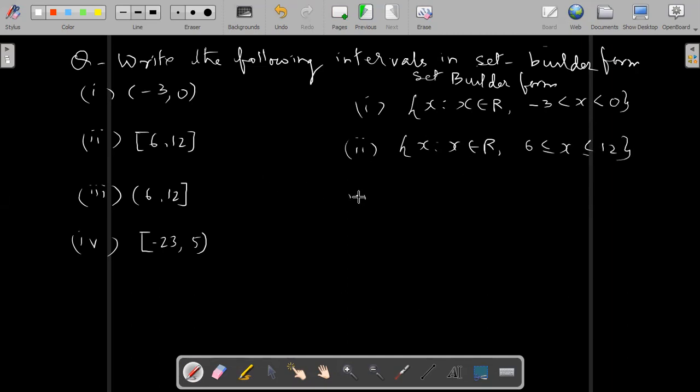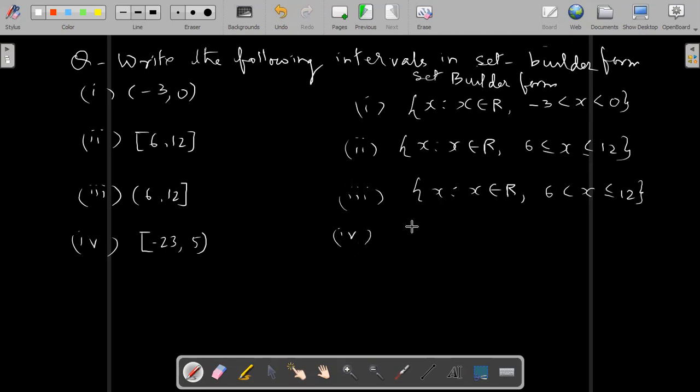And the third one, left side excluded, right side included. So it is the set of all x such that x belongs to real numbers, and 6 is excluded, so x is greater than 6 and less than equal to 12, because 12 is included.